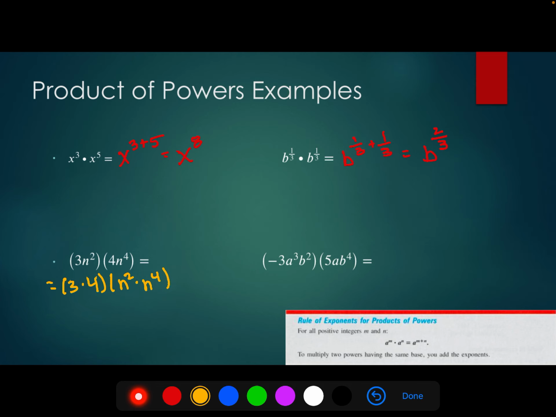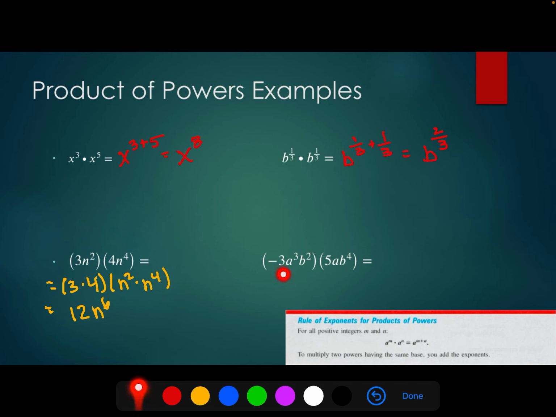And now we can multiply each set of parentheses, right? So this is going to be equal to 12, and then n squared times n to the 4th. We add those exponents together, so that gives us n to the 6th, and our answer here is 12n to the 6th power.